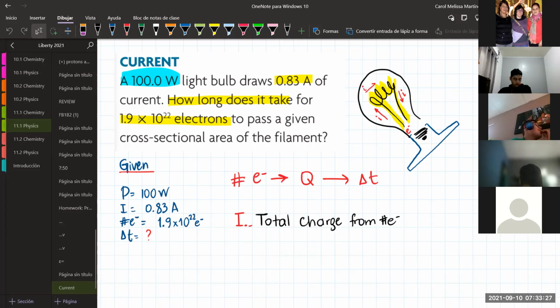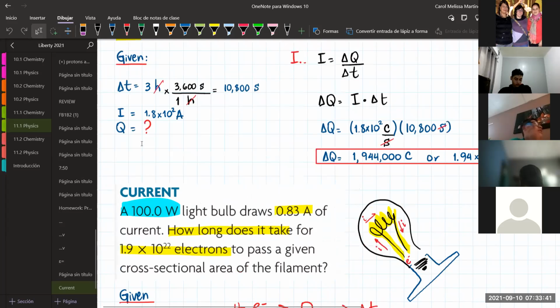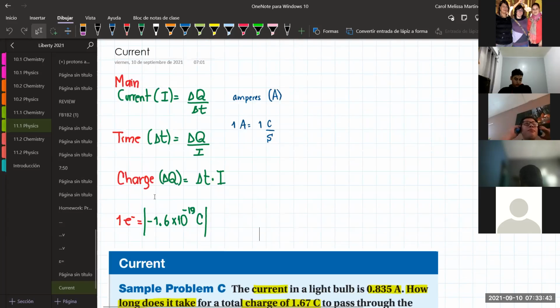From number of electrons. The electrons that are given are 1.9 times 10 to the 22nd power electrons. And there is information that I gave you at the beginning, this one. One electron has this amount of charge.